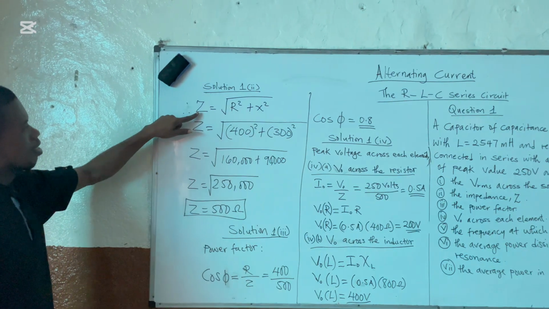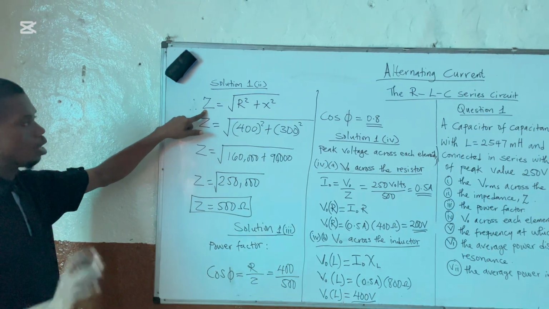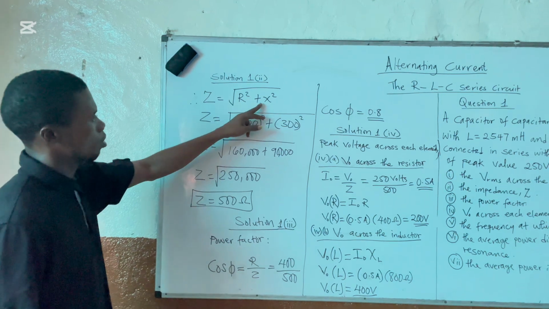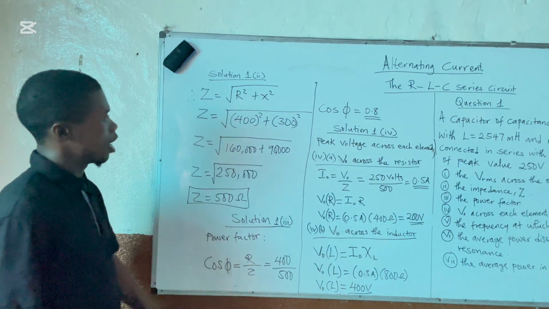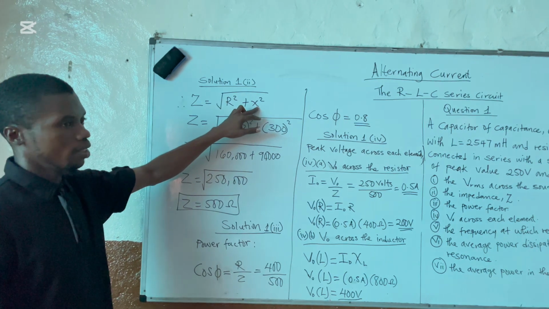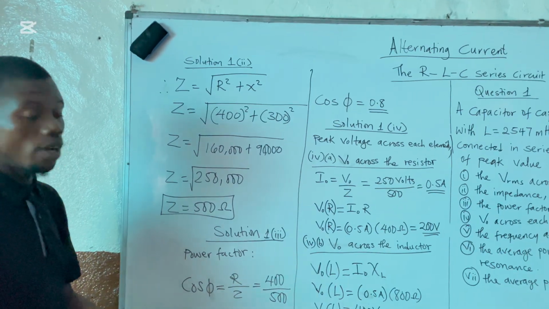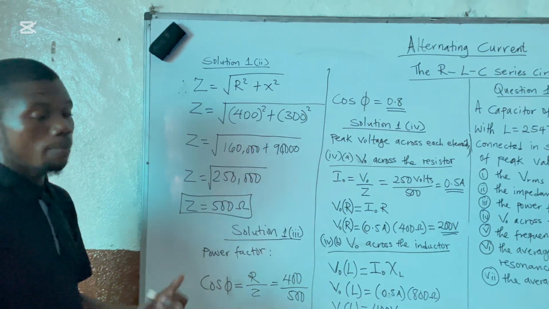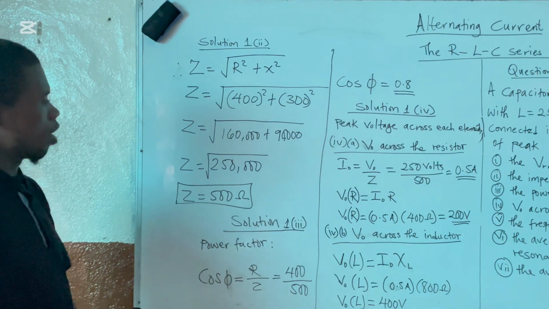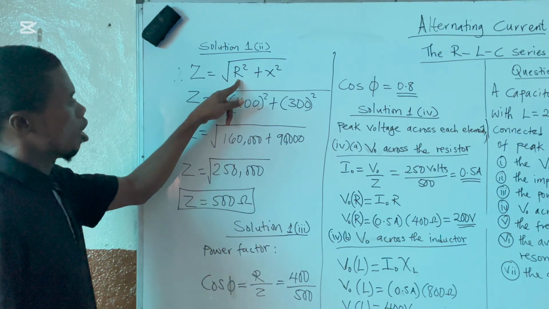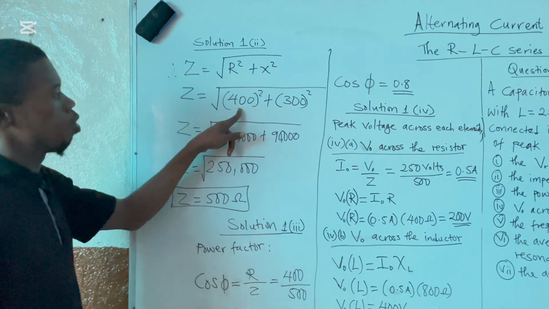Therefore, Z, the impedance, will be equal to the square root of R squared plus X squared. Remember, we already got the value for X from our inductive reactance and our capacitive reactance. Now we find the impedance. The resistance is 400 ohms.